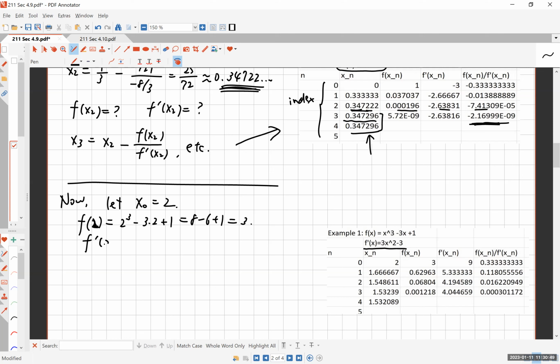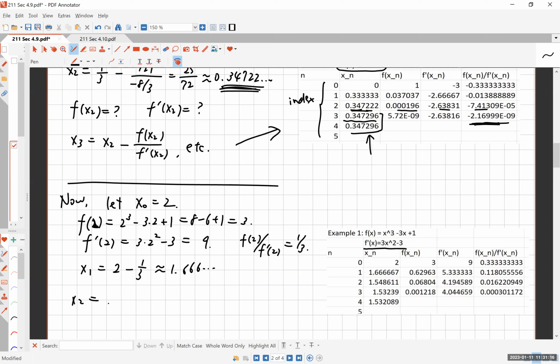The derivative at 2 is going to be 3 times 2 squared minus 3, and that's 9. So you can say f of 2 divided by f prime of 2 is 3 divided by 9, that's 1/3. And so x1 is 2 minus 1/3, which is 1.666, and so on.